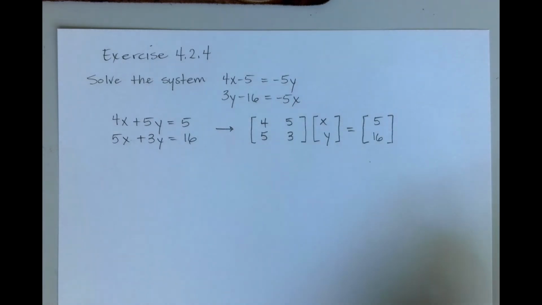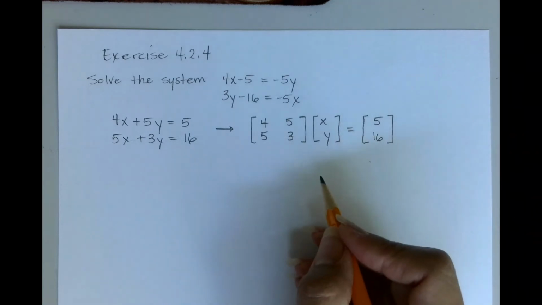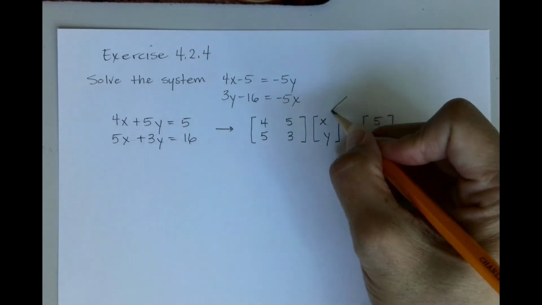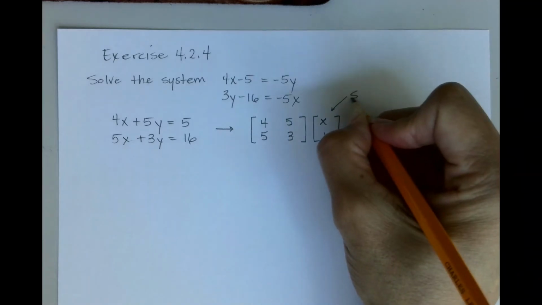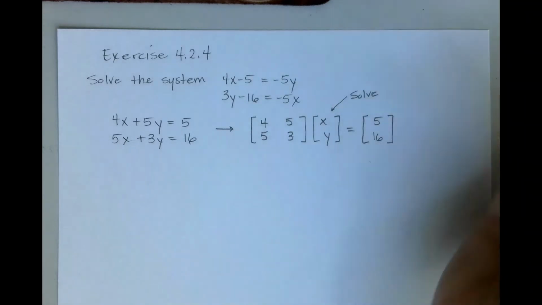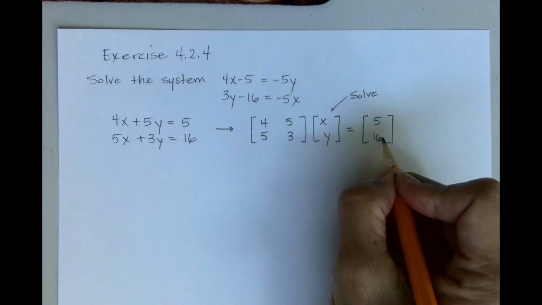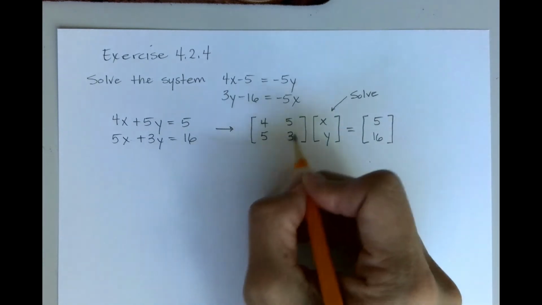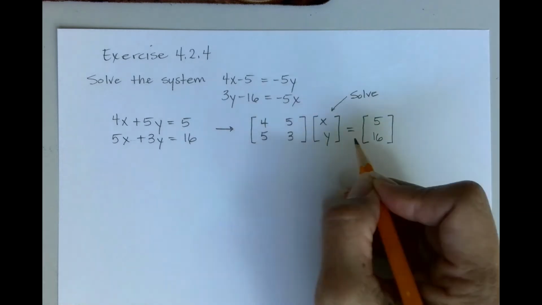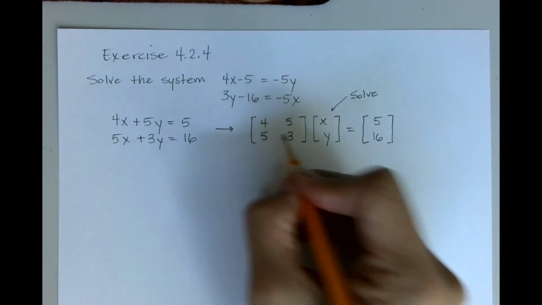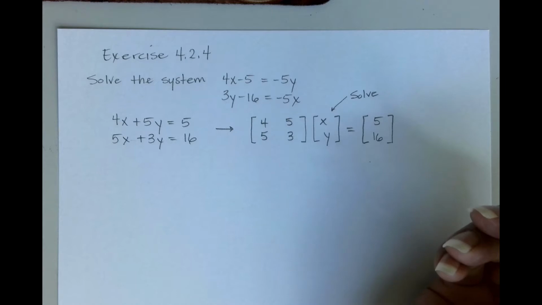equations in our problem. Okay, so since we are looking to solve for x and y, our goal is to isolate x and y. So what we're going to do is multiply the inverse matrix of 4, 5, 5, 3 on both sides in order to get our identity matrix on this side.